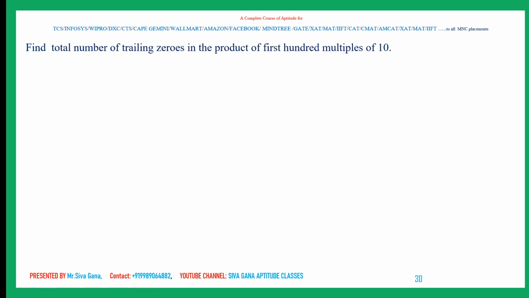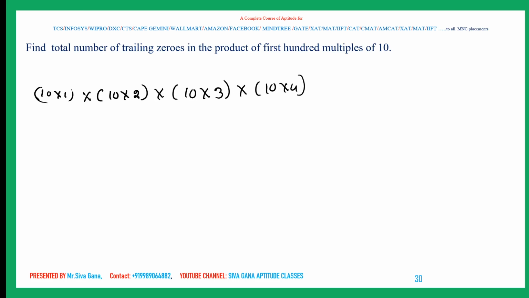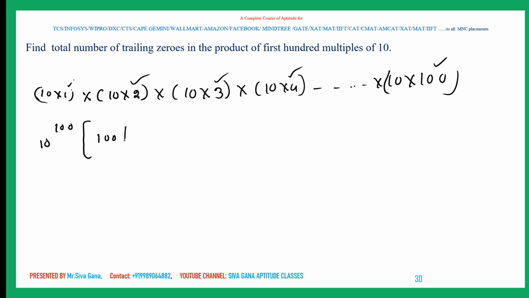Find the number of trailing zeros in the product of the first 100 multiples of 10, which is nothing but 10 into 1, product, 10 into 2, product, 10 into 3, product, 10 into 4, and so on. The first 100 multiples of 10 is 10 into 100, 10 repeated 100 times, which is 10 power 100 into 1 into 2 into 3 into 4 up to 100, which is nothing but 100 factorial.